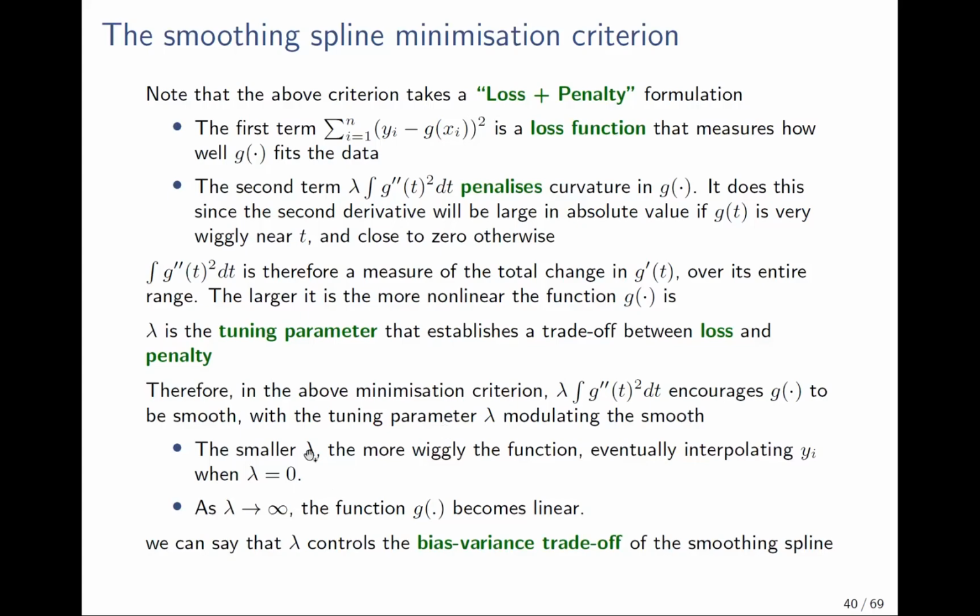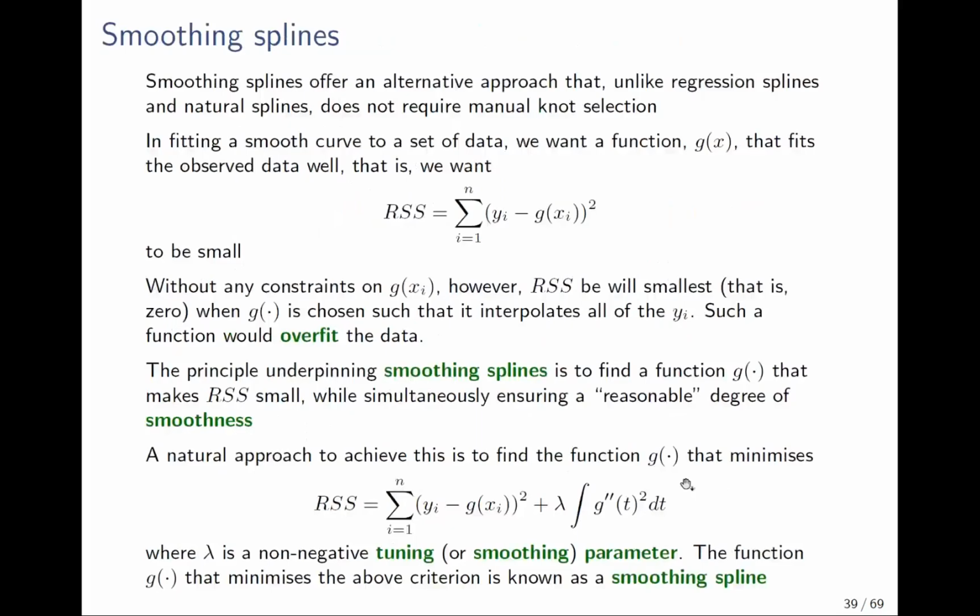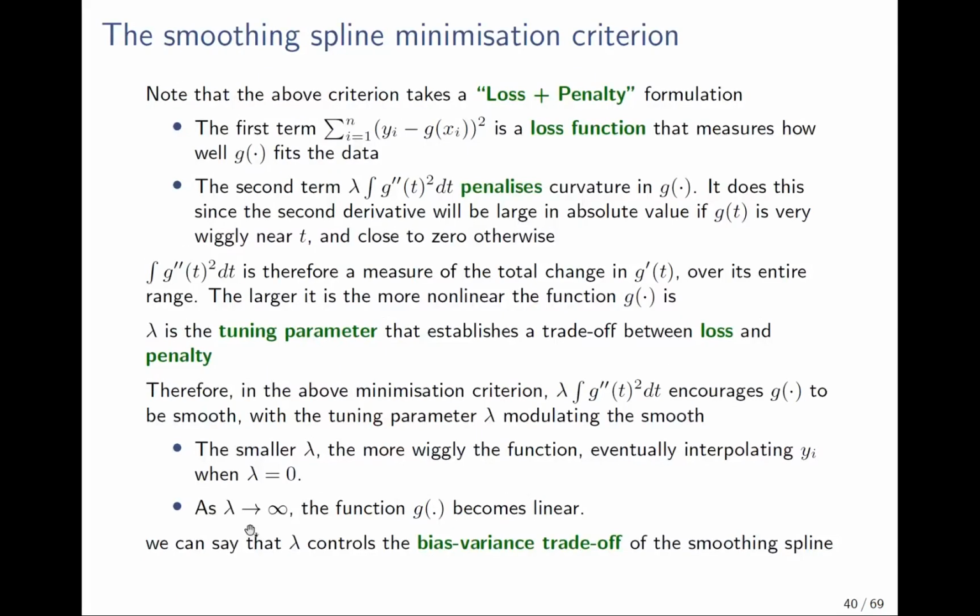The smaller the tuning parameter, the more wiggly the function, eventually interpolating y when lambda equals 0, because of course then this term just disappears. And as lambda approaches infinity, the function becomes less wiggly, and as it approaches infinity, it would become linear. So in that sense, we can say that lambda is controlling the bias-variance trade-off of the smoothing spline. That's essentially what it's doing.